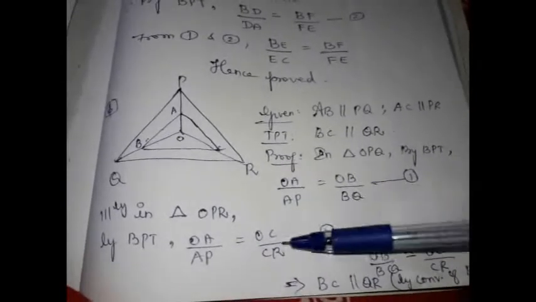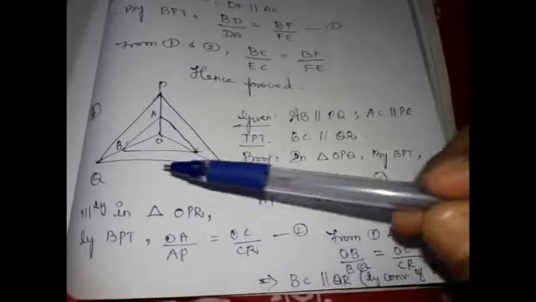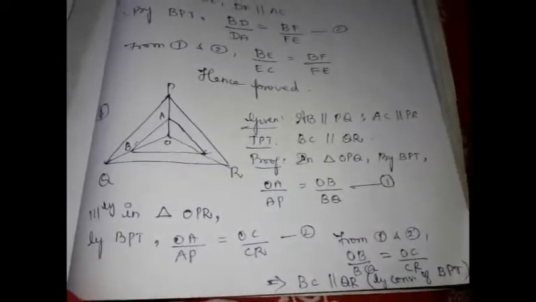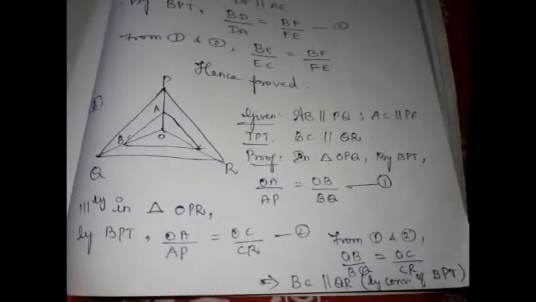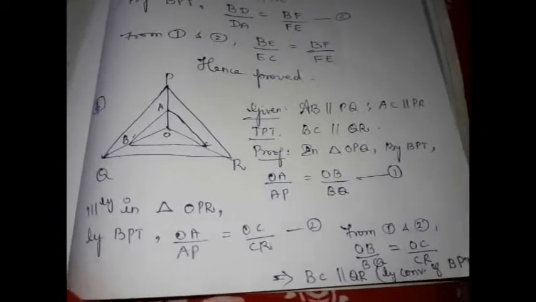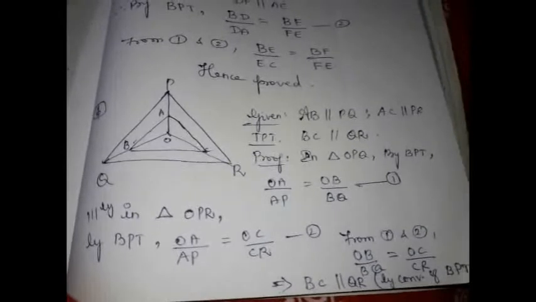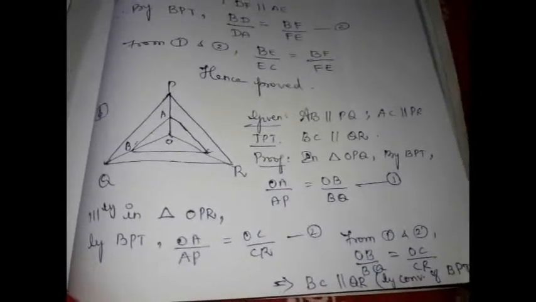Therefore, these two will become equal. And hence, by the converse of BPT, BC will become parallel to QR. That's it. Hope you understood. So repeatedly we are using only BPT. When it is given that lines are parallel, you should go with BPT. When they ask you to prove parallel, you should apply the converse of BPT.